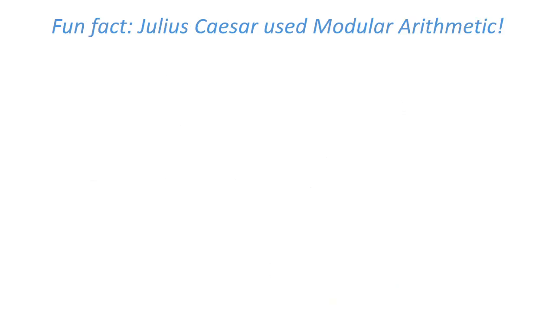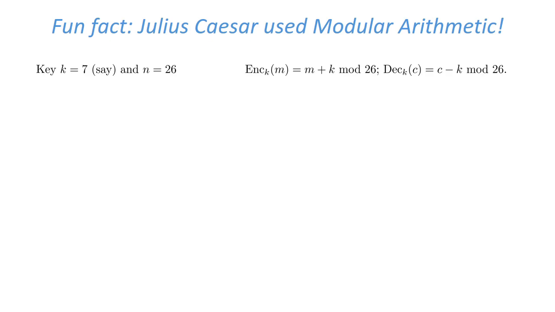I'll conclude today's lecture with a fun fact. Did you know that Julius Caesar actually used modular arithmetic? There is something known as the Caesar cipher, and it works as follows. It is used to encrypt messages between two participants so that an eavesdropper cannot figure out what they are communicating.